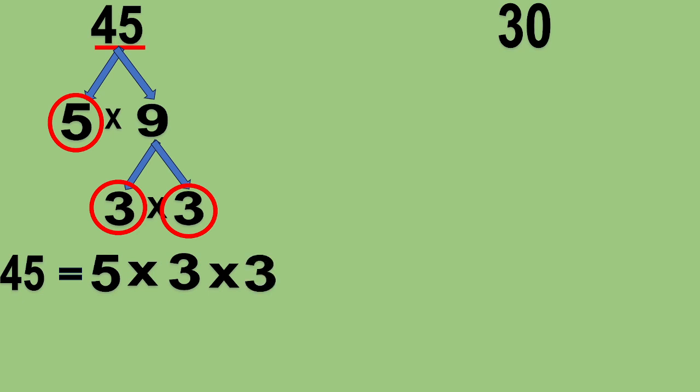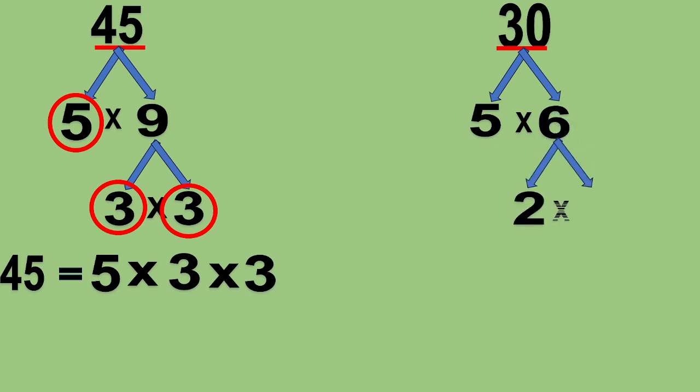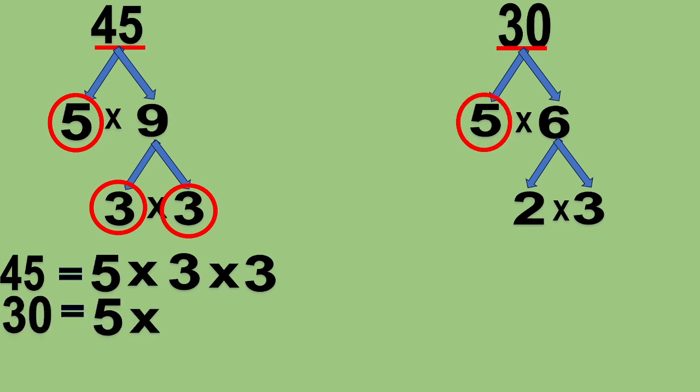Next, we make factor tree for the number 30. 30 can be factored into 5 times 6. 5 is prime, so we are done. 6 is composite. 6 can be factored into 2 times 3. Now, let's list the prime factors of 30. We have 5, 2, and 3.